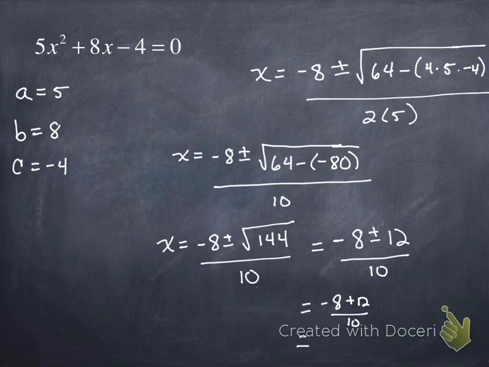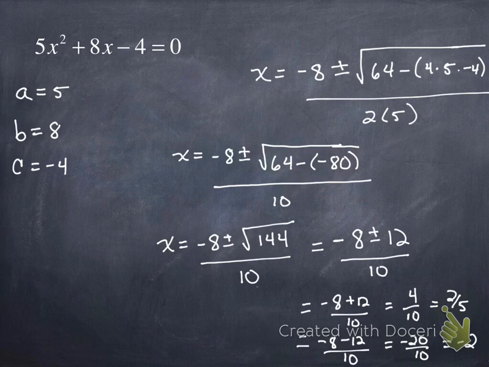Negative 8 plus 12 is 4 over 10, which simplifies to 2/5. And then my second solution is negative 8 minus 12 over 10, which is negative 20 over 10, which is negative 2.